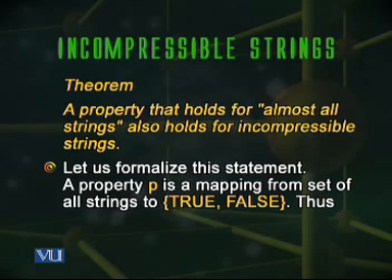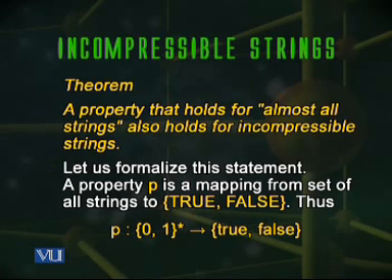A property P is just going to be a mapping from the set of all strings to true false. Thus, P is just a mapping from 0 1 star to true false. This mapping actually classifies the strings into two classes. The first class which has the property and the second class which does not have the property.